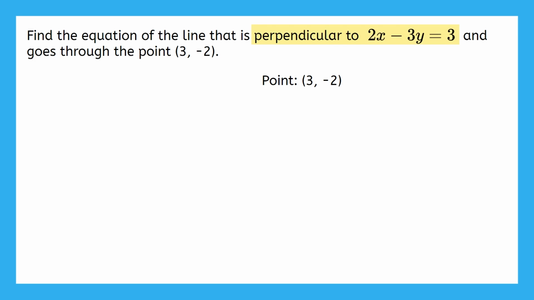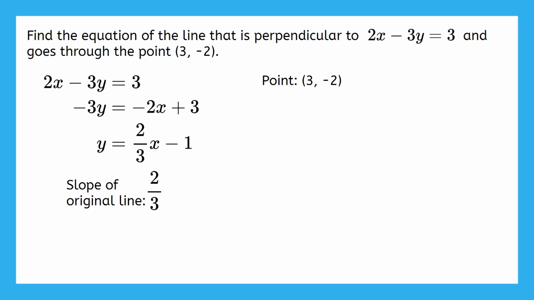Here's the slope. By giving us a perpendicular line, this problem says, hey, just take the opposite reciprocal of this slope. So go ahead and find the slope of 2x minus 3y equals 3. Did you get 2/3 as your slope for the original line? If not, go back and double check your work.